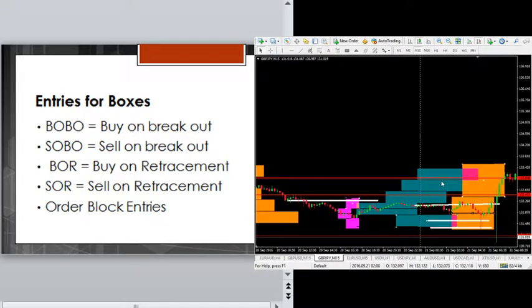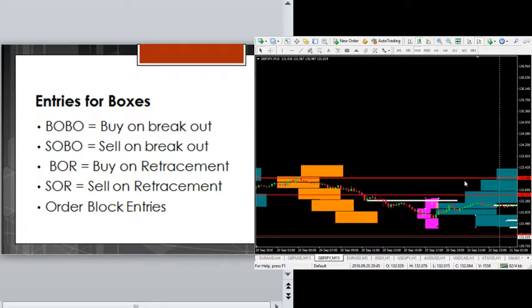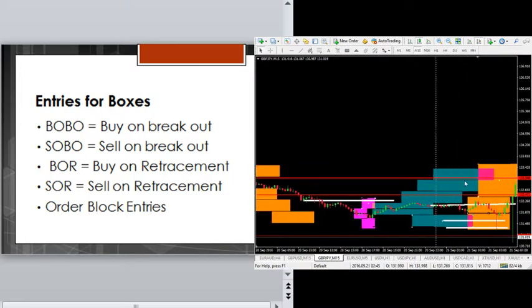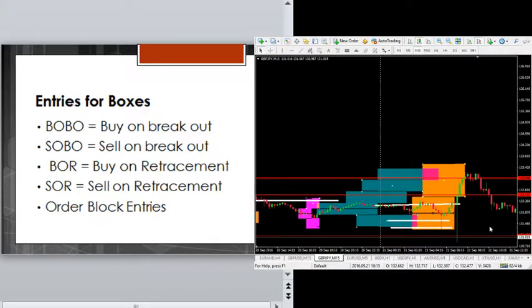So there is a rejection. Let's see. Yes, there is a rejection of price because of the order block on the previous hindsight. So the price breaks, returns to this second level of the box. Again, your take profit is 50% to 100% of the box.